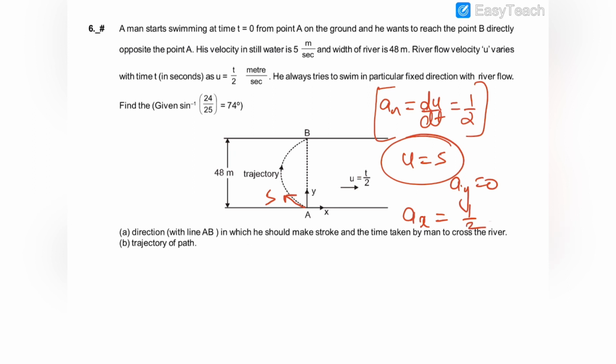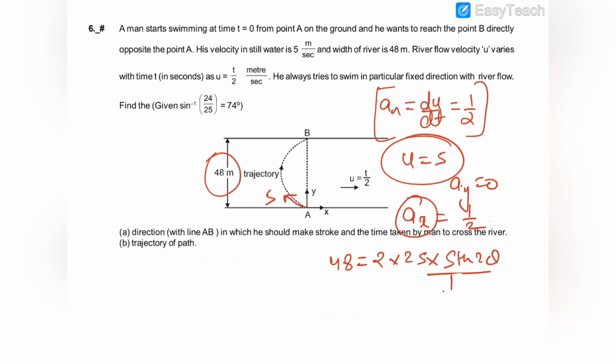Now you can see that the range of this path should be 48. So 48 should be equal to u square, which is 25, into sine 2 theta by g. But instead of g, we would use the acceleration which we have already written, which is ax, which is 1 by 2.